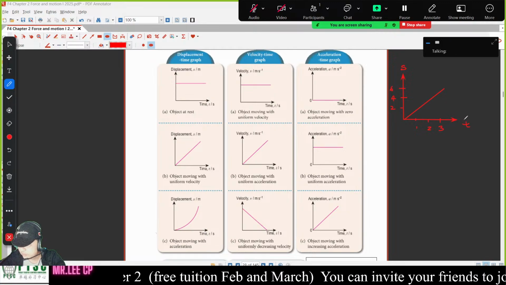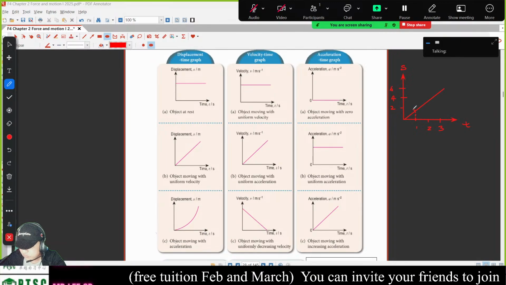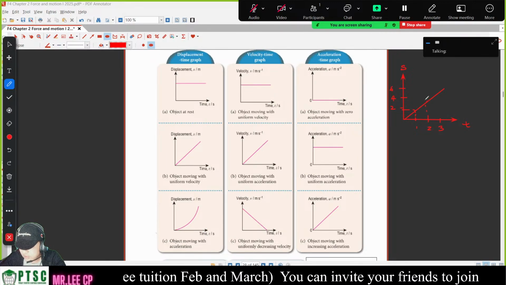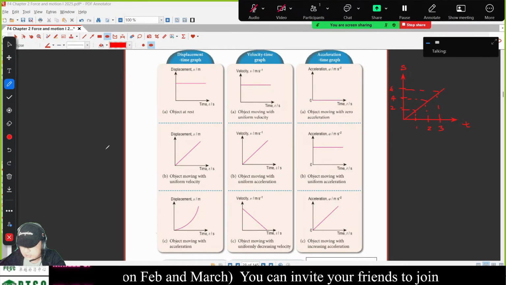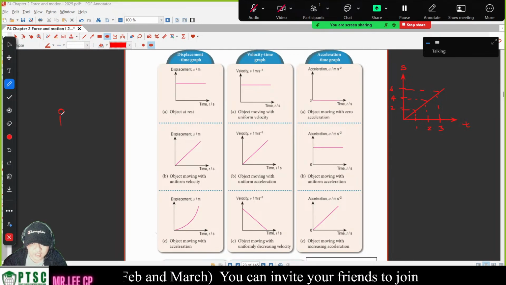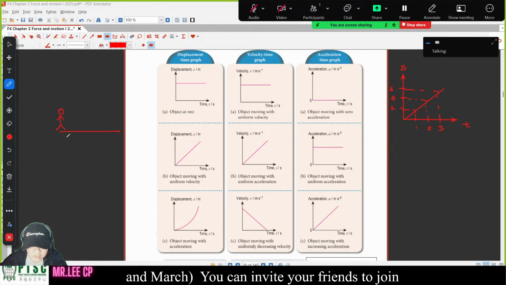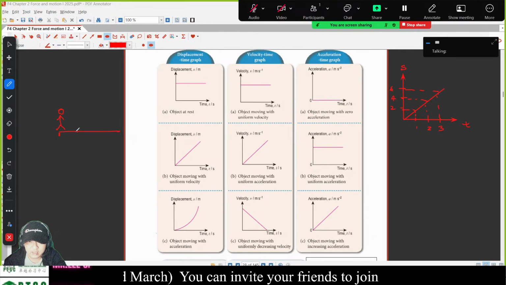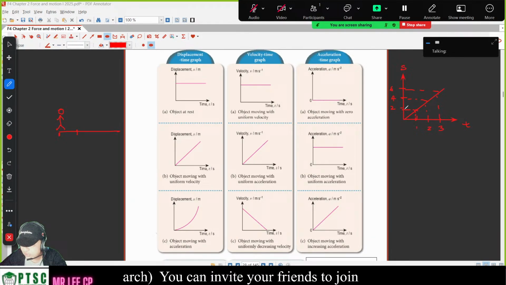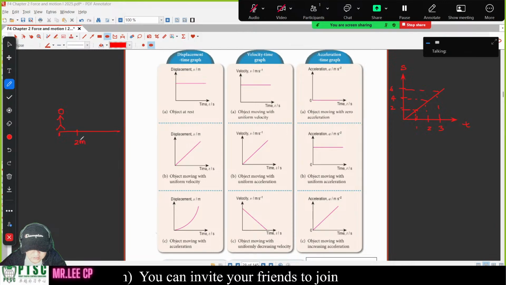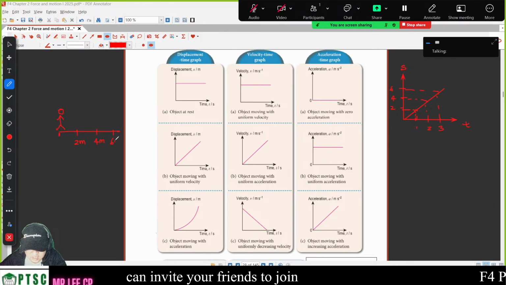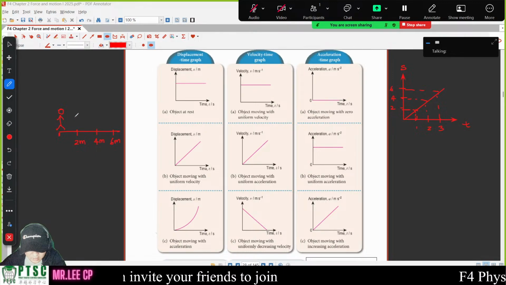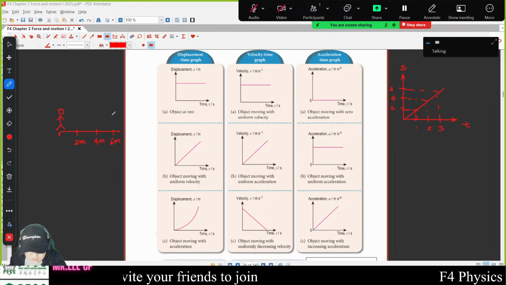This is time. First second, where am I? I am at 2 meter. 2 second, where am I? I am at 4 meter. 3 second, where am I? I am at 6 meter. So meaning that at 0 second, I am here. First second, I am at 2 meter. The second, I am at 4 meter. The third second, I am at 6 meter. So I move 2 meter, 2 meter, and 2 meter.